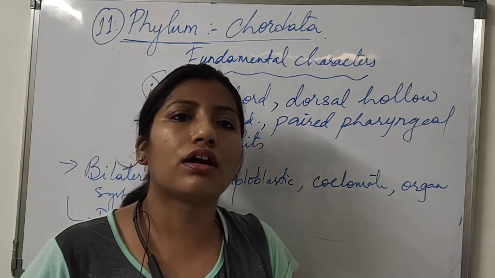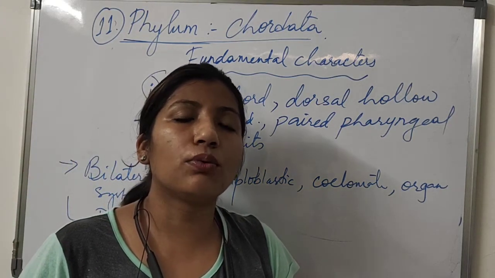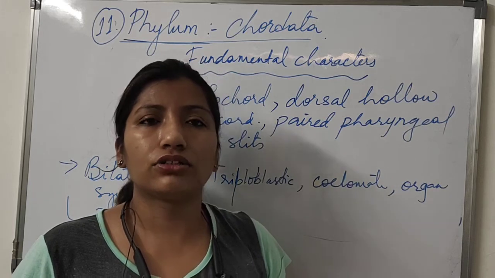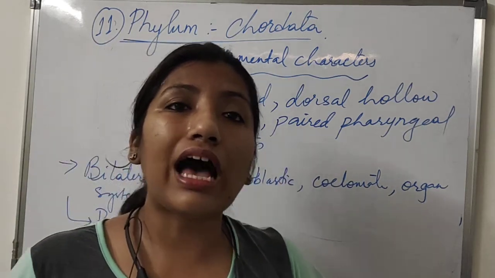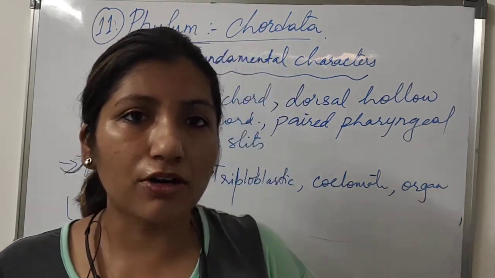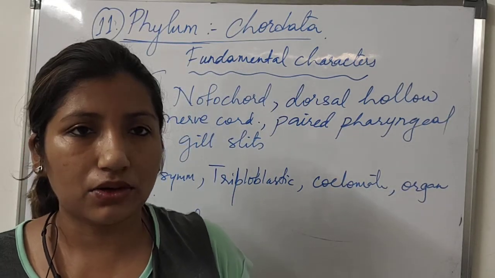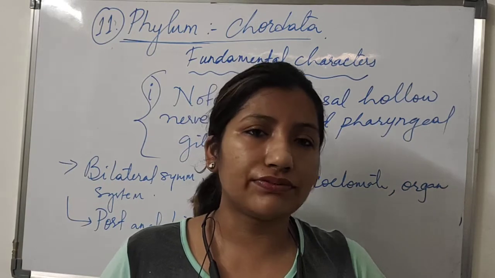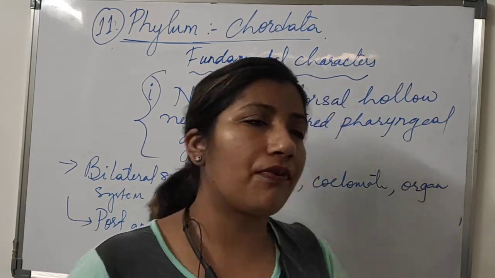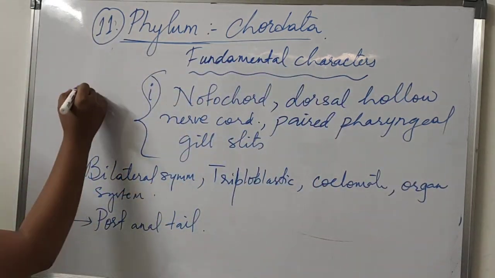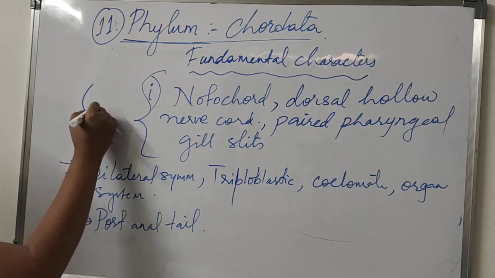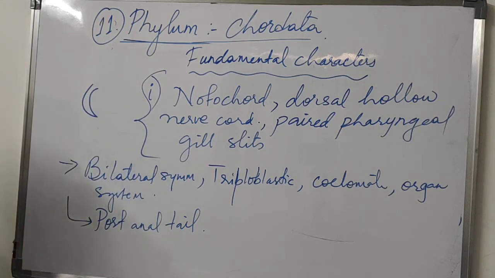We are also chordates. Do we have this post-anal tail? If you see the last bone of our vertebral column, our backbone, in the pelvic region, in the human skeleton, that bone is known as the coccyx.